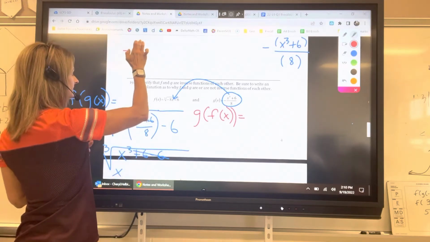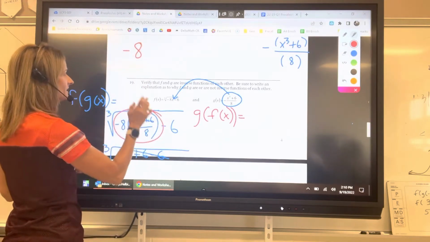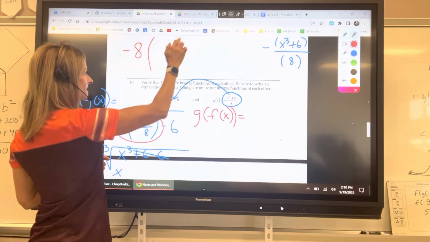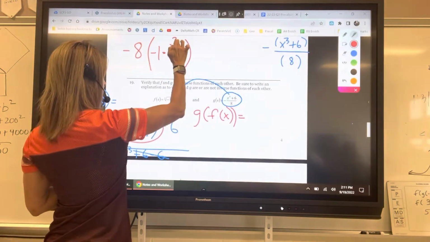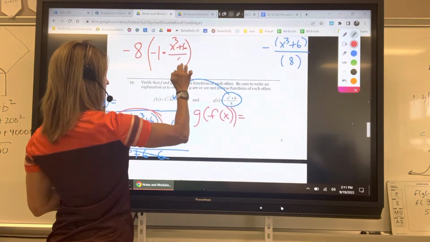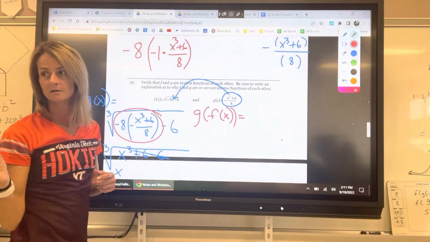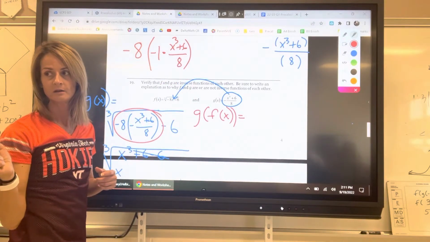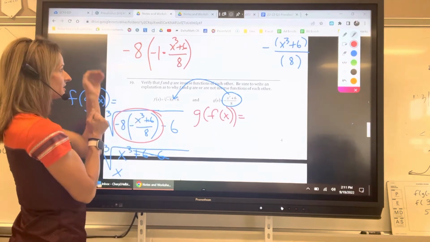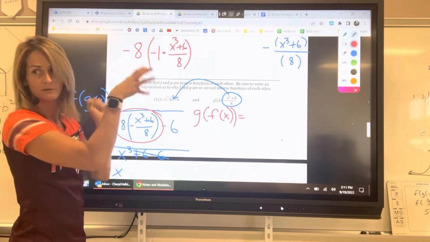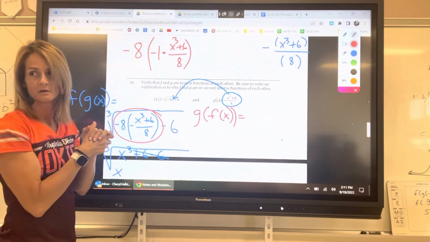This part right here is like negative 8 times, and then this is like a negative 1 times x cubed plus 6 over 8. So the negatives are going to cancel, and then now you have an 8 in the numerator and an 8 in the denominator, and those are going to cancel. So that's why.